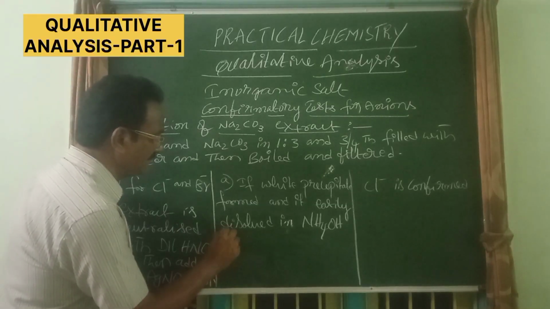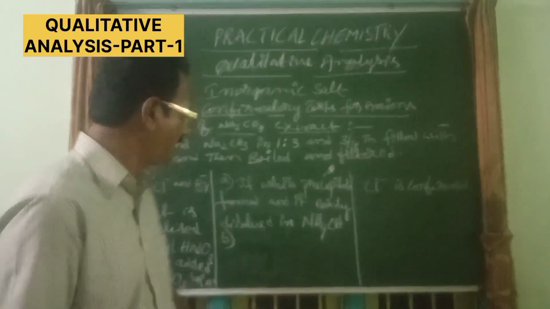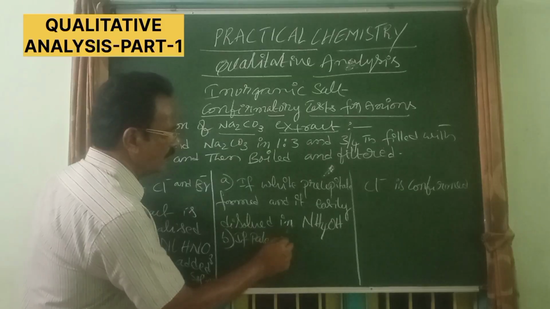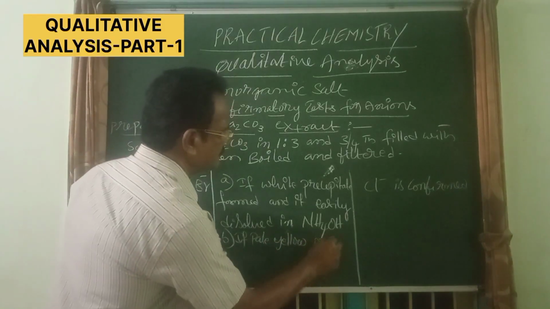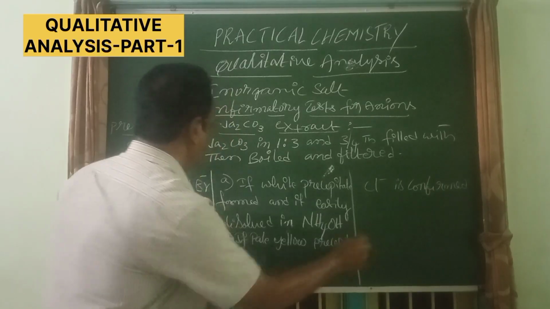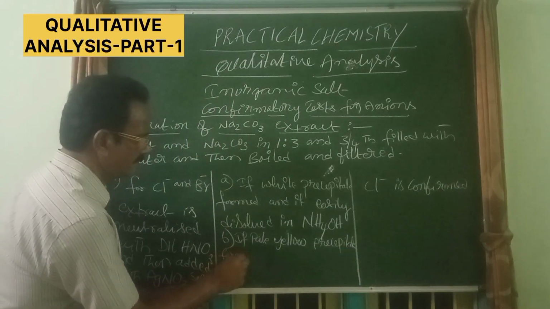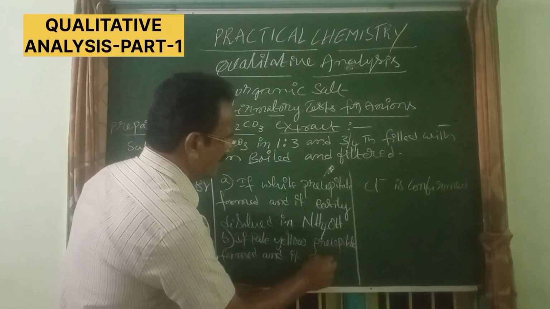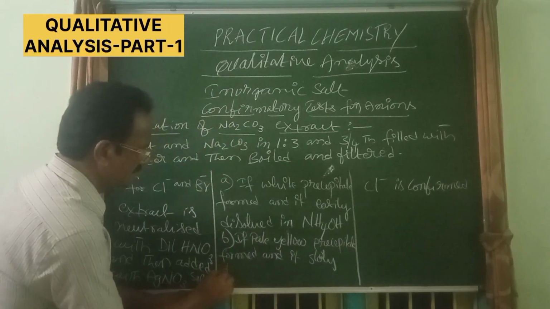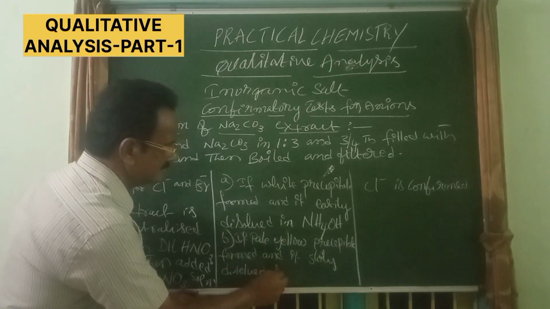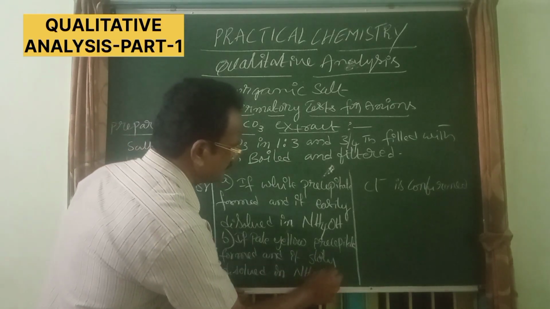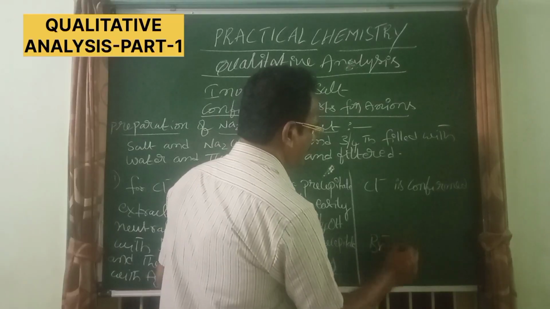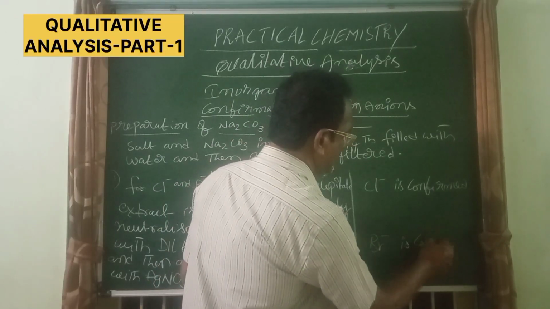And then the other observation, if there is bromide in identification tests, see here, if a pale yellow precipitate is formed and it slowly dissolves in NH4OH, then the analyst can confirm Br minus as the anion.